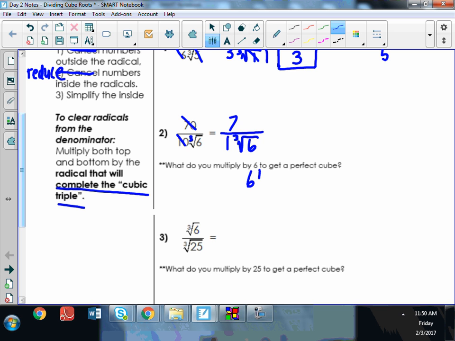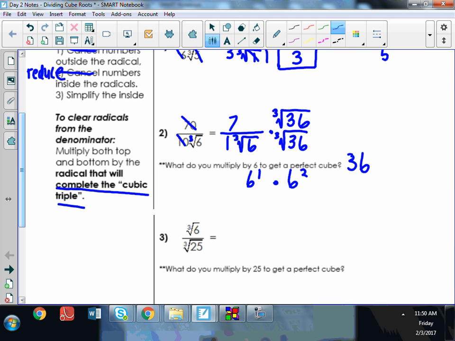And if I want a triple, I need to have 2 more 6's. So exactly. So I'm going to multiply it by the cubed root of 36. So if I multiply it by the cubed root of 36, I have my 3 6's. I had 1, and now I have 2 more.